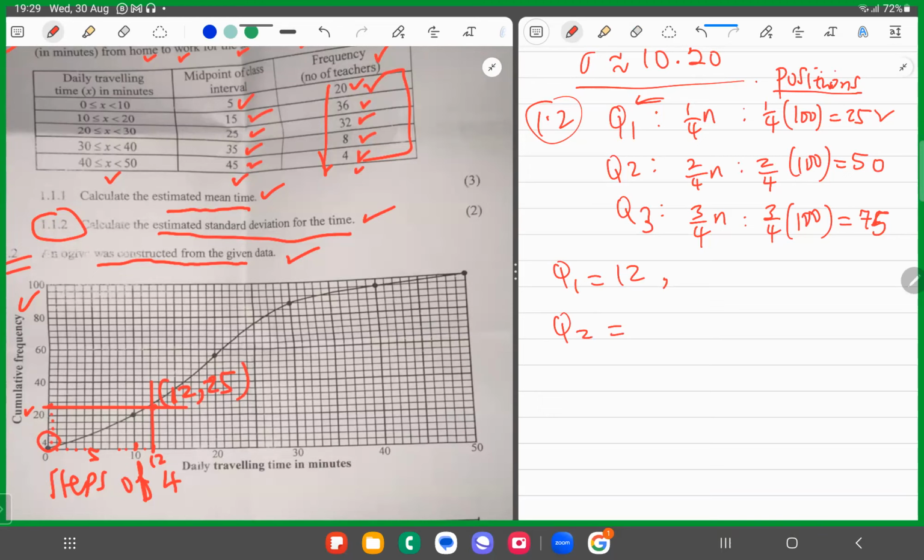So if you have 40 here, and then you add 4 more, 44, 48, and then 52, after 48 you have 52, which means that this is going to be slightly here above this.